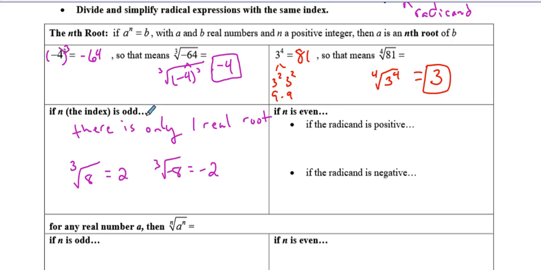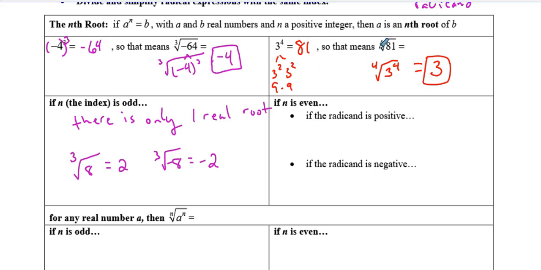So a couple rules here when we talk about even indexes, right? If the index, n is the index, if it's even, we need to pay attention to what the radicand is. If the radicand is positive, we only care about the positive root, right?